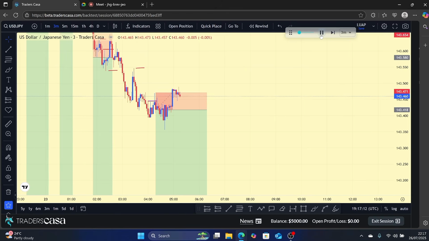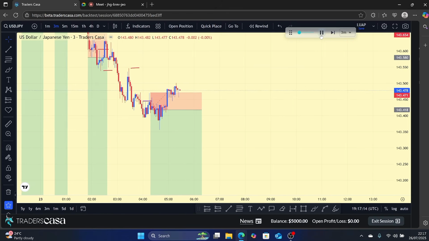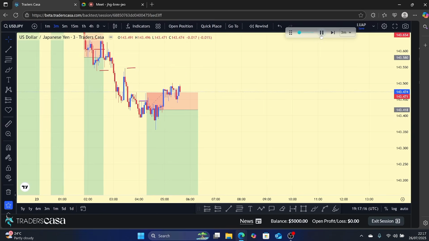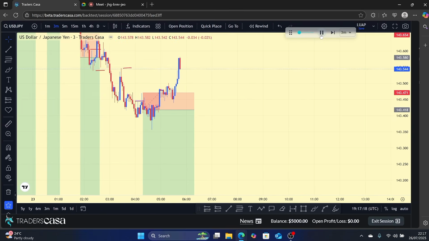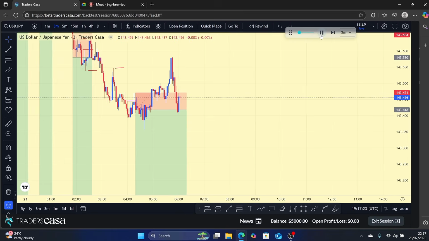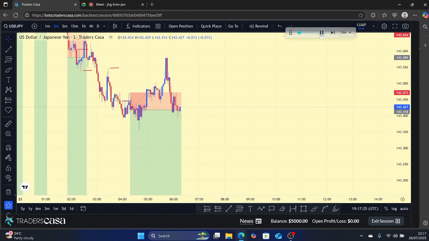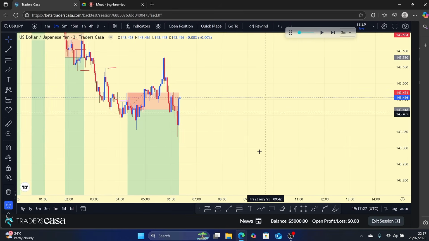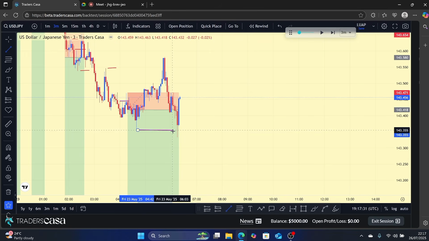So right now I will not do anything until price actually makes a change of character. Alright, so price does that, and later price makes that change of character to the downside. You can clearly see exactly right there. So this here is the change of character, and that's where now I'll be looking for the sells again.